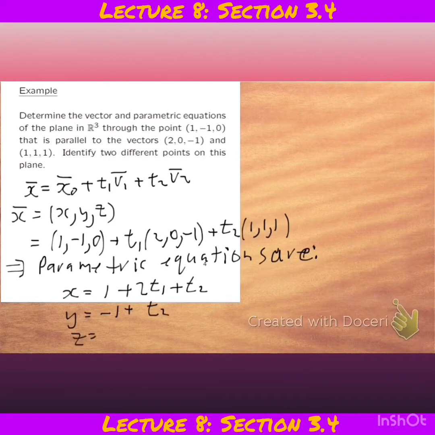And z is going to be 0 plus minus t1 plus t2.